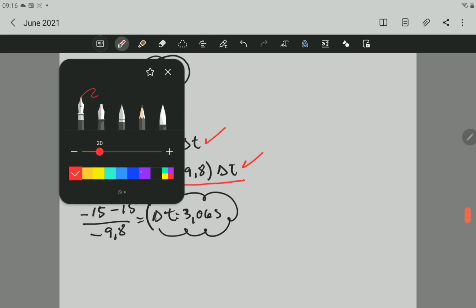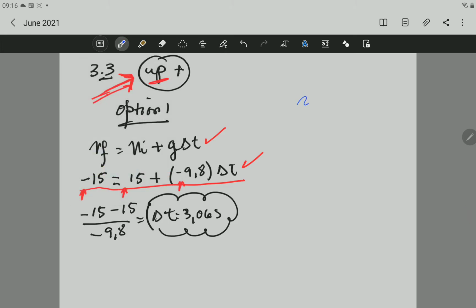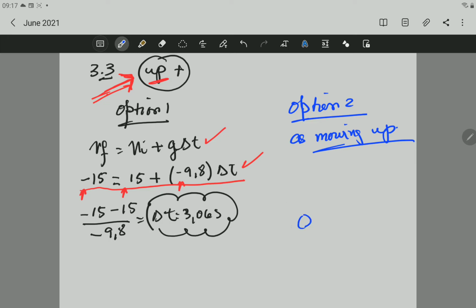Let's revise another option, option 2. In option 2, we are going to consider only the ball moving up. And we are going to redraw here quickly. Moving up, we have the initial velocity equal to positive 15 meters per second, and then the ball will stop eventually at maximum height.